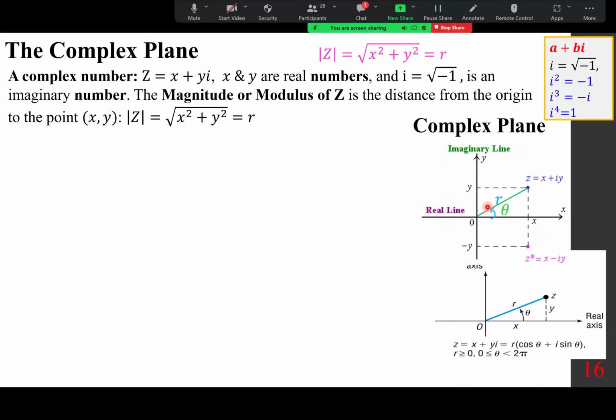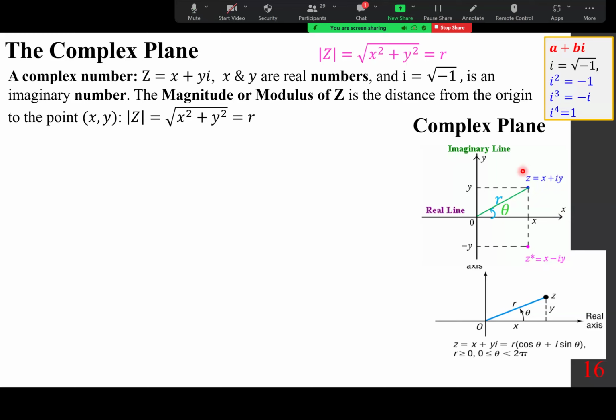So here's the angle theta, and again, this is counterclockwise and positive. Here's r. z has the formula, instead of a plus bi, we say x plus iy. And then z bar, or the conjugate, is x minus iy.